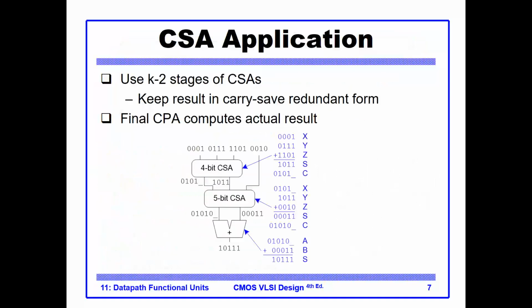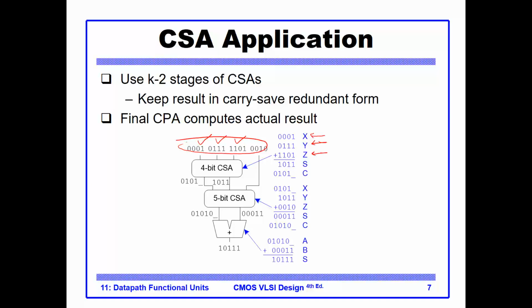So let's take a look at the example. These are the 4 numbers that we are trying to add. We will add the very first 3 and produce a sum and a carry. So watch, this is the first number, this is the second number, this is the third number.